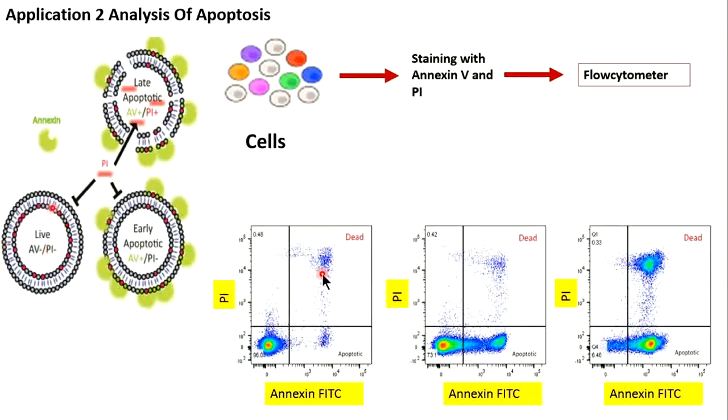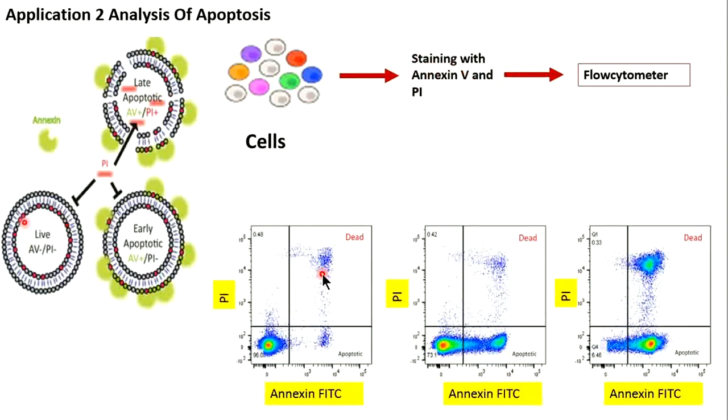Generally, if you add PI to a live cell, it will not enter, so we can say a live cell is PI negative. And there is a protein called phosphatidylserine, which is generally present inside the cell. If the cell enters the pathway of apoptosis, phosphatidylserine can come out onto the outer leaflet of the plasma membrane, and it can be recognized by a molecule called annexin 5.